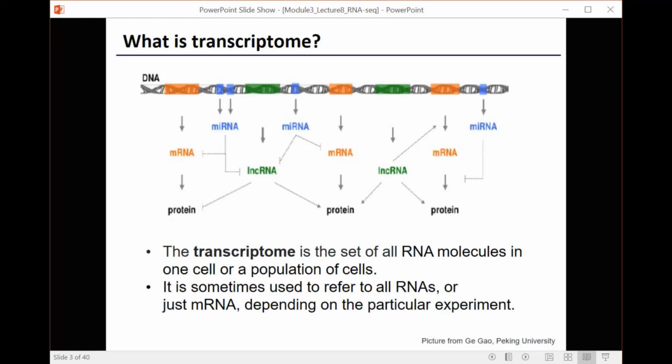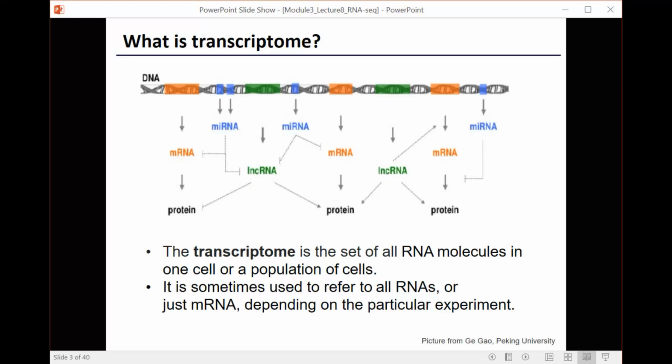But a transcriptome is not only mRNA. It can also include non-coding RNAs, such as microRNA, the blue one, and the long non-coding RNA, the green one. The long non-coding RNA is non-coding RNA at least 200 base pairs long, and it's a pretty hot area now.